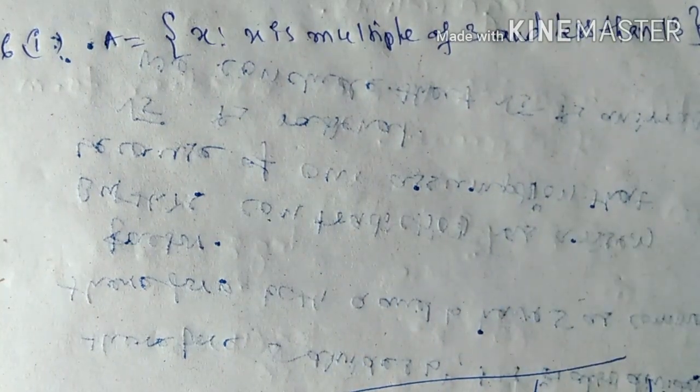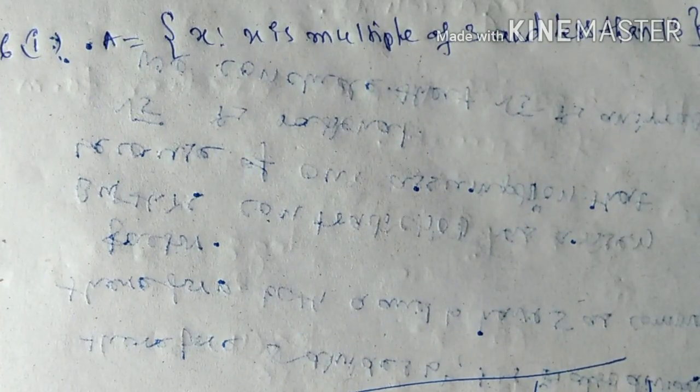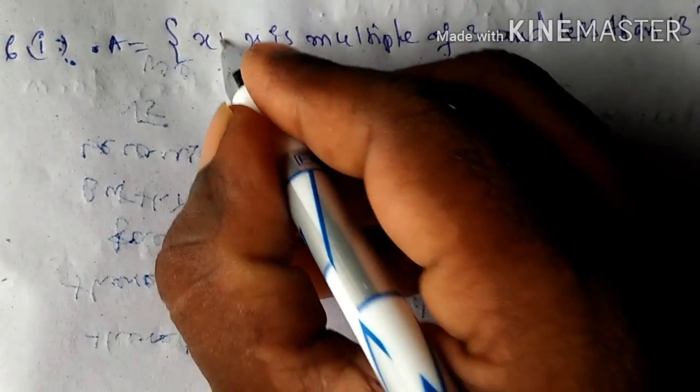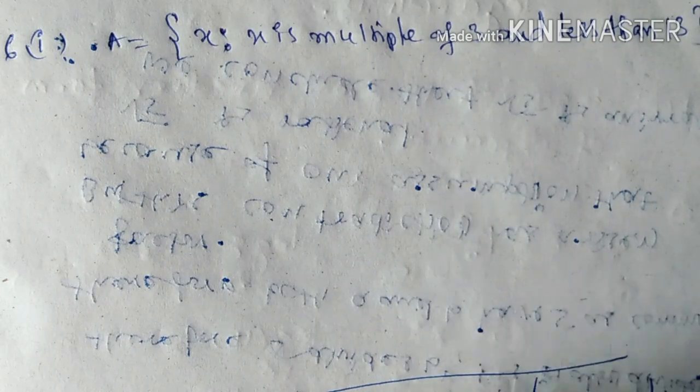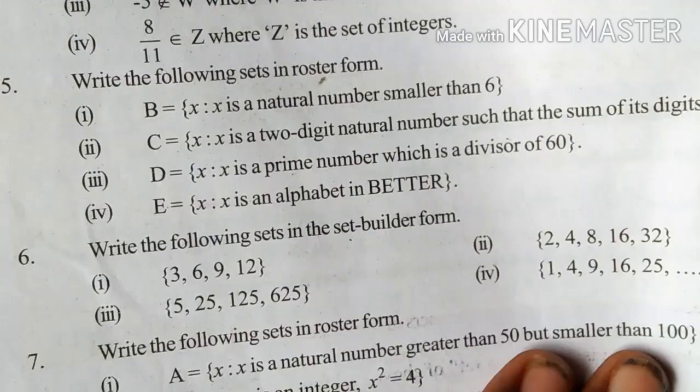Which multiples? Multiples of 3. Understood? A is a set of all elements x such that x is a multiple of 3 and less than 13. Next.